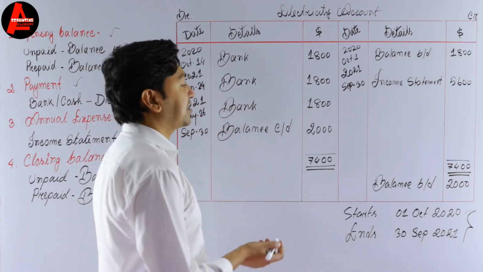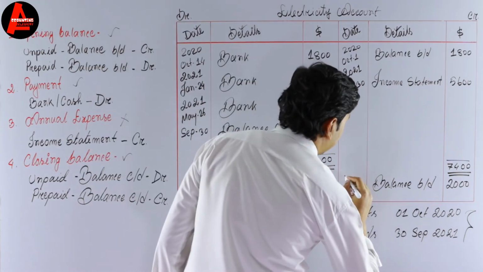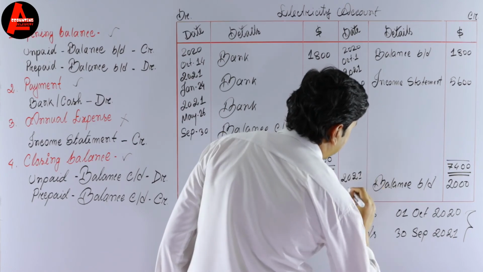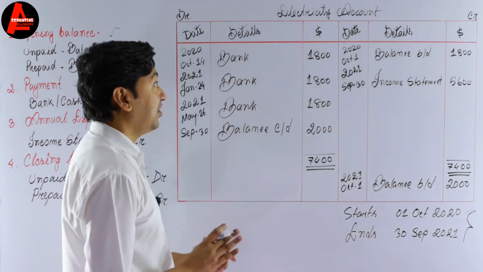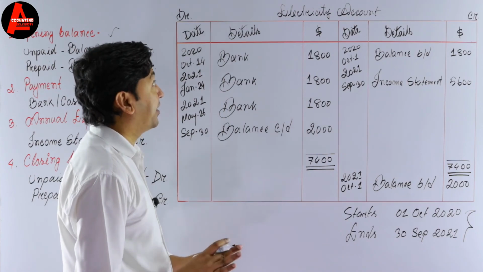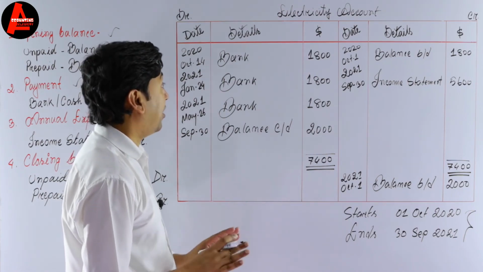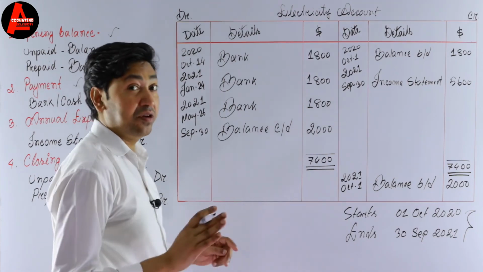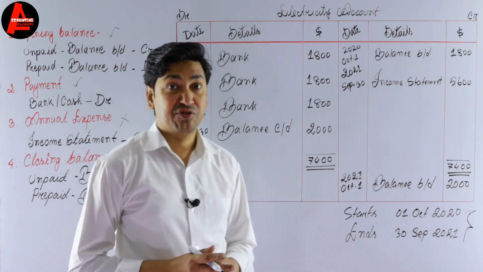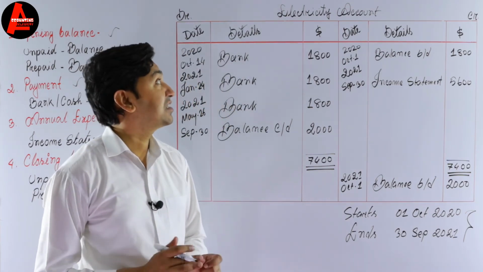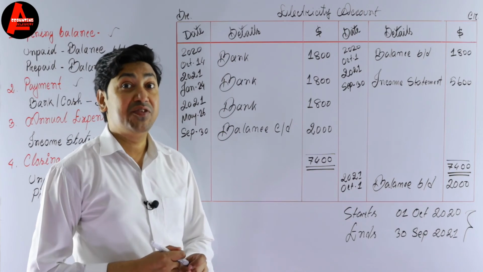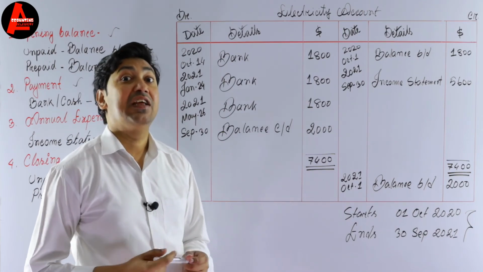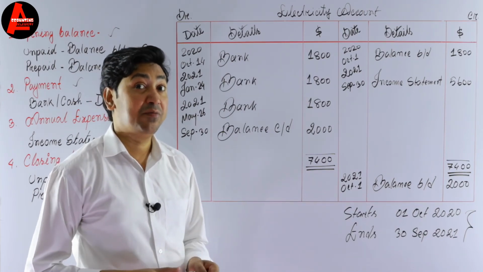So let us write here 2021 October 1st. So we calculated everything, we recorded everything, we brought here all the relevant items from the question. This is how you need to prepare this type of account if you have it in your exam or test.